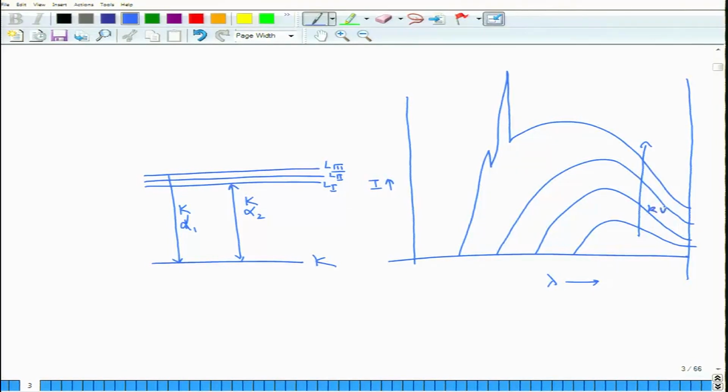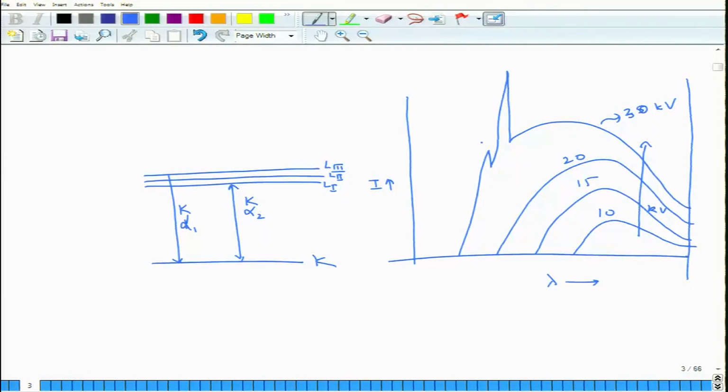So this could be, let us say, at 25 or 30 kV, and this could be at 20 kV, and so on. What you have here is 15, 10, and if you have 5 it will be lower.